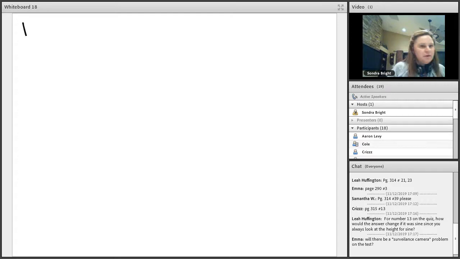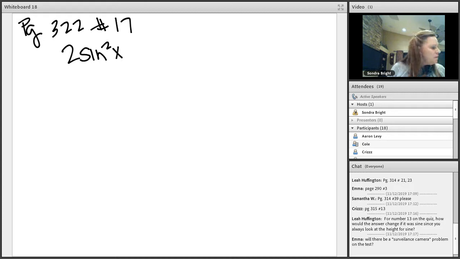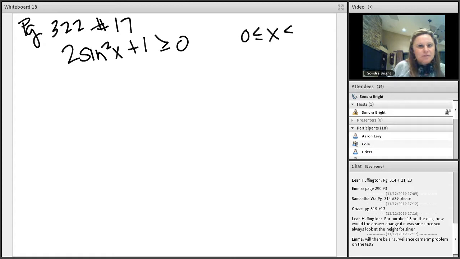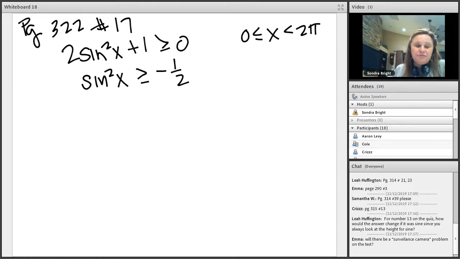Okay, page 322, number 17. You don't need a graphing calculator, and it's for x from 0 to 2 pi. So this is sine squared of x is greater than or equal to a negative 1/2.